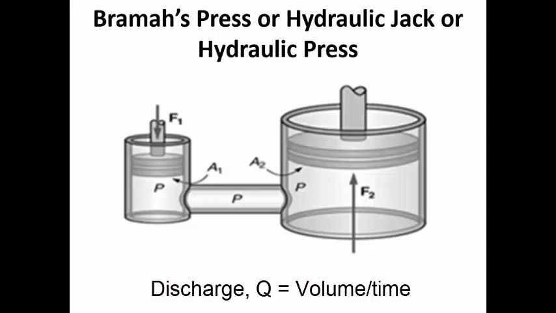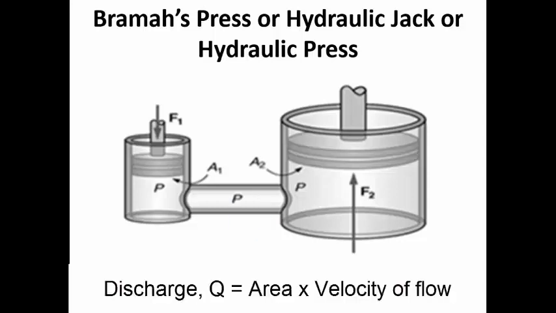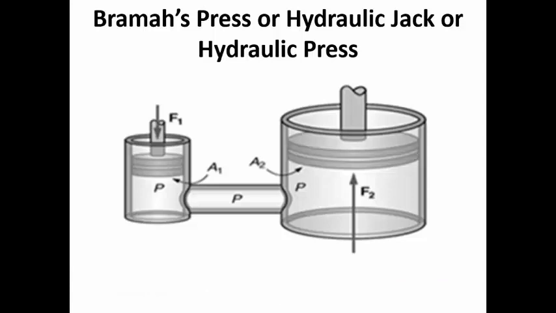Once you have the discharge, if you know the cross-sectional area of this particular pipe, then it is possible to determine the velocity of the fluid in this pipe. Or if you know the velocity of the fluid through this pipe, then it is possible to determine the diameter of this pipe. In this way, various parameters can be determined.